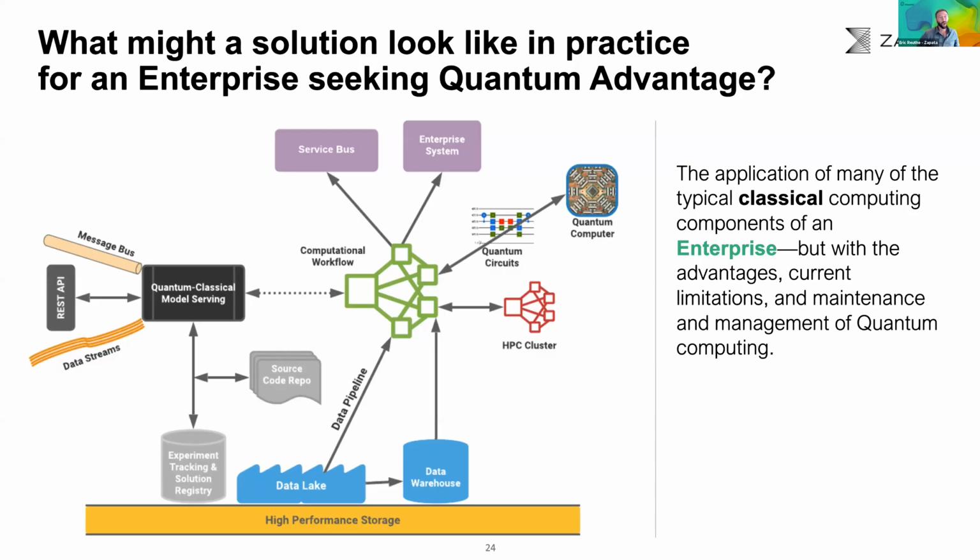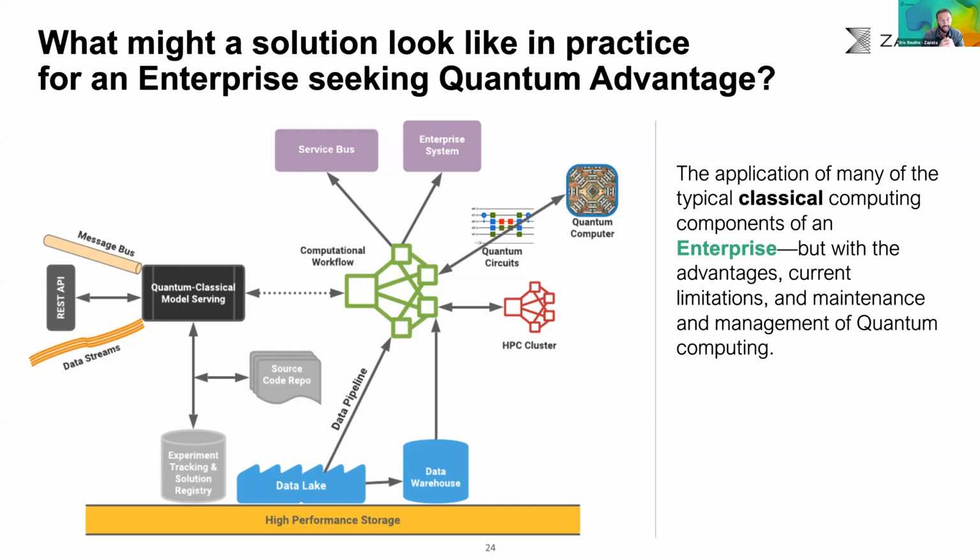Thank you. So what would a solution look like in practice? Moving beyond the research to real everyday use of quantum, it's going to look very similar to what we do with current machine learning with some added dimensions. But here you can see, we have the possibility of having our model being driven by messages that could be constantly coming in, data streams.